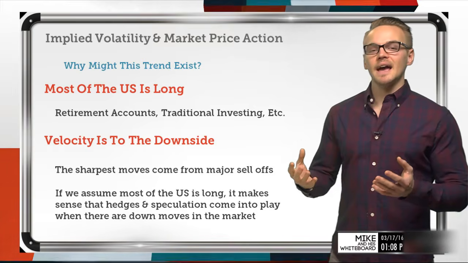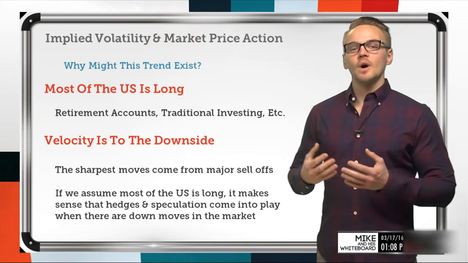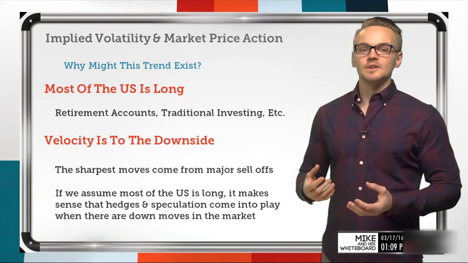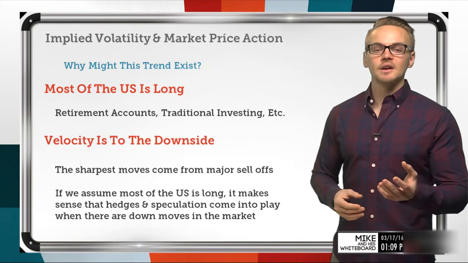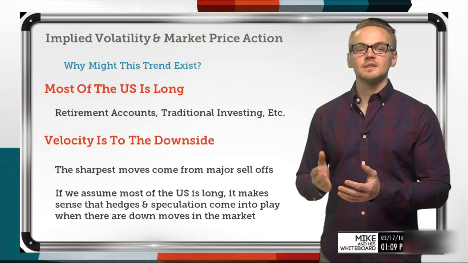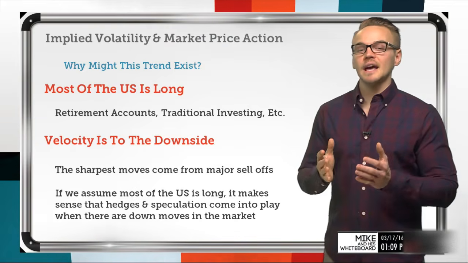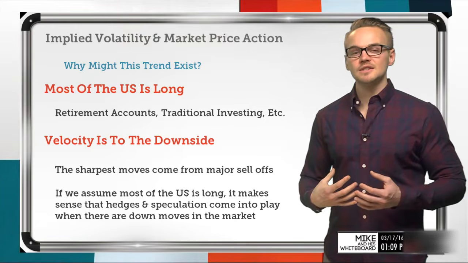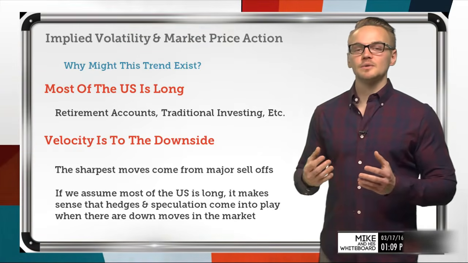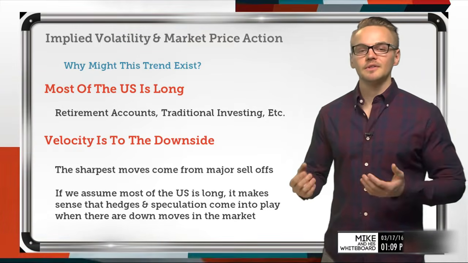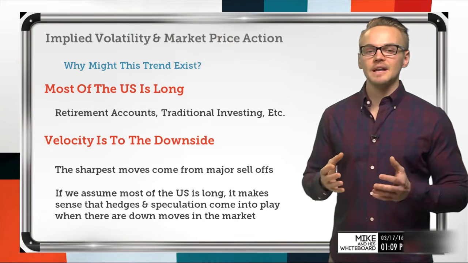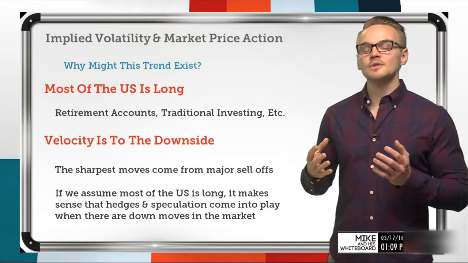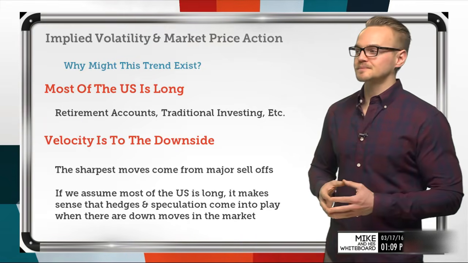So when I say hedging and protecting their positions, a very popular way to do that is to buy options. So when we're looking at people being long stock, a perfect hedge would be to buy a put. It would perfectly hedge their position at a certain strike price. Of course, that's not what we do here at tastytrade, but that's what would increase the price of a put, for example. If a lot of people are buying puts to hedge a certain position, you're going to see the price of that put go up, and that's going to affect the implied volatility.